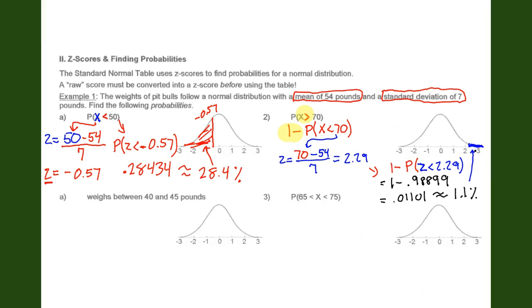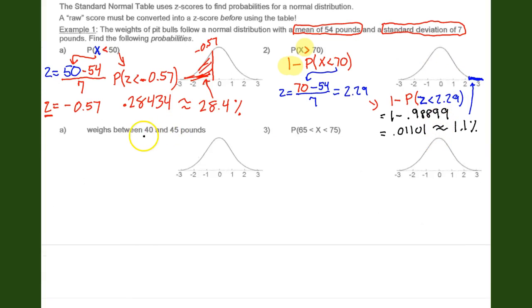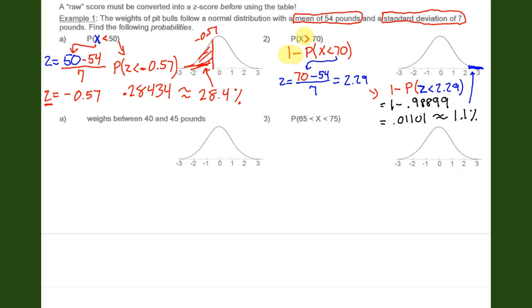Okay. And lastly is just like the third problem from the homework. It's between two numbers, right? So we have one that's less than, one that's greater than, and then the between. Those are the three types. Remember with between, you use the double inequality, less than x less than.